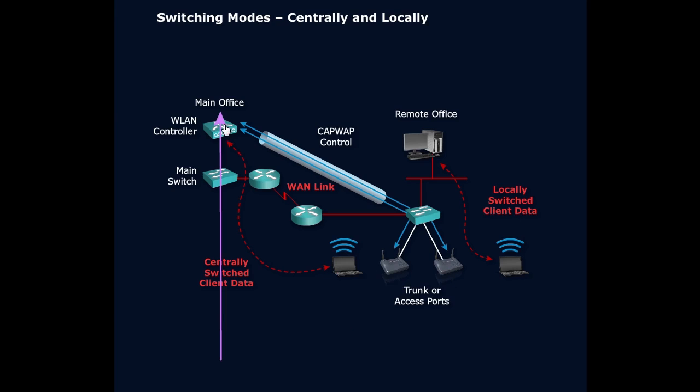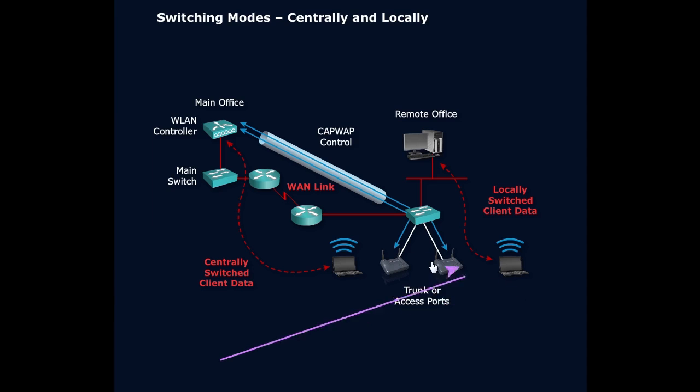It looks into the frame, and the frame says we're going to this VLAN right back here, the same one we started on. So we come all the way back through the infrastructure to this node. This is one of the weaknesses, for me personally, of centrally switched environments.